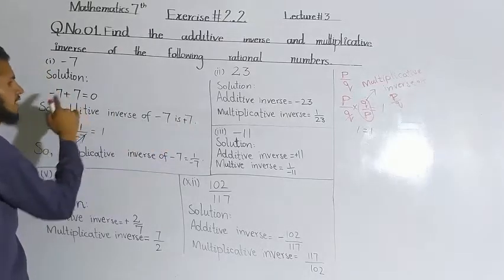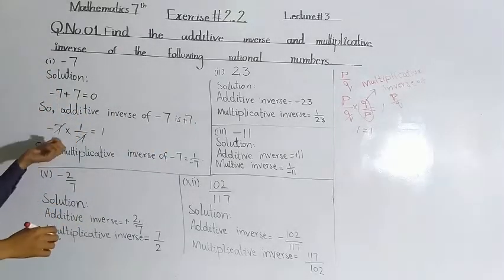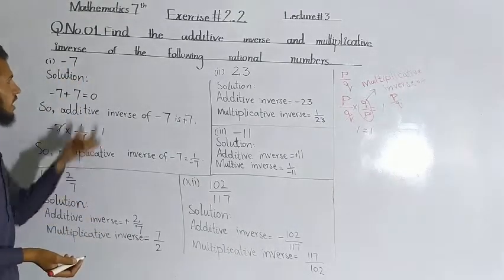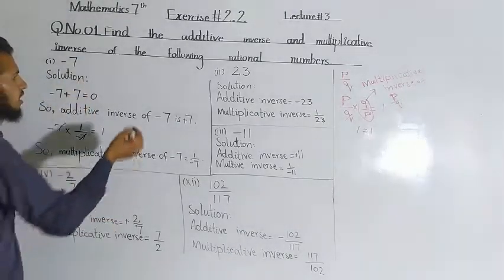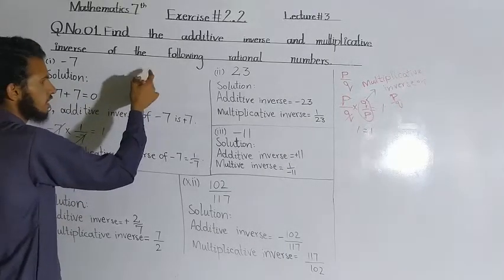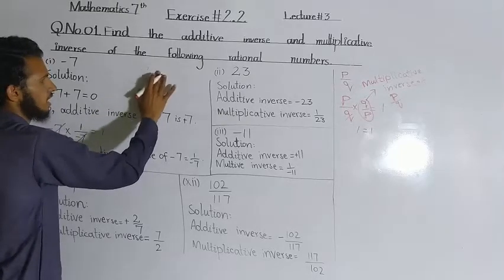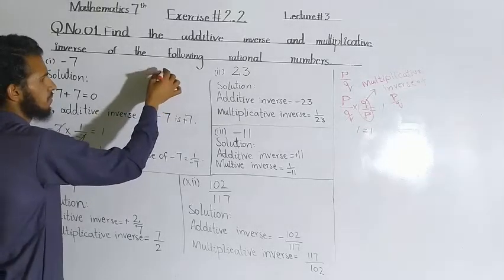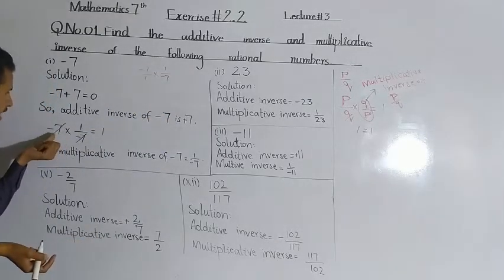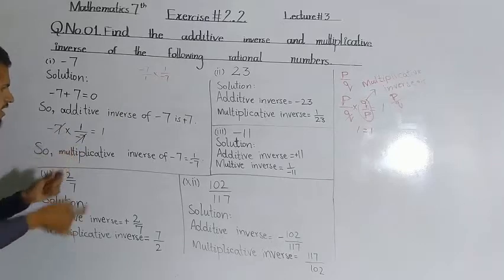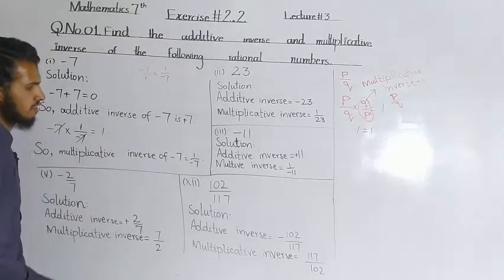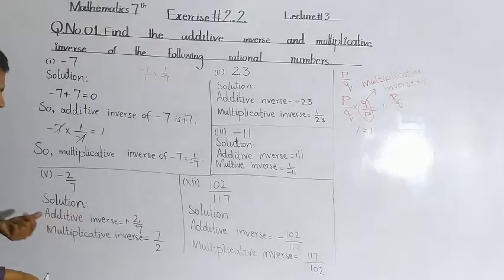Now for the multiplicative inverse you need its reciprocal. Minus 7 has denominator 1, and its reciprocal is 1 over minus 7. If you multiply minus 7 with 1 over minus 7, the answer is 1. So the multiplicative inverse of minus 7 is 1 over minus 7.